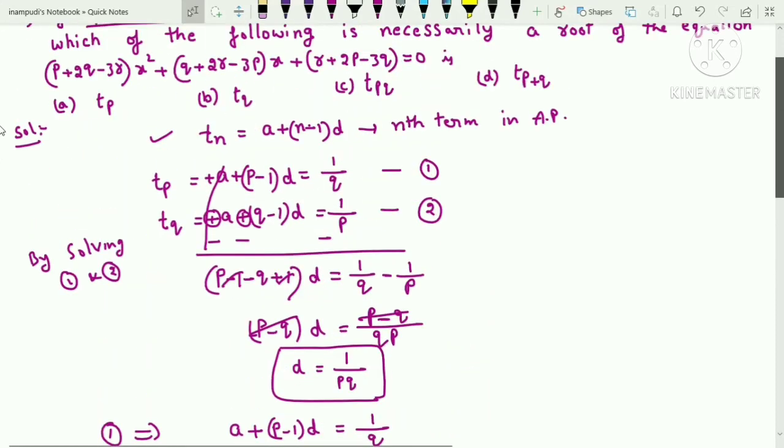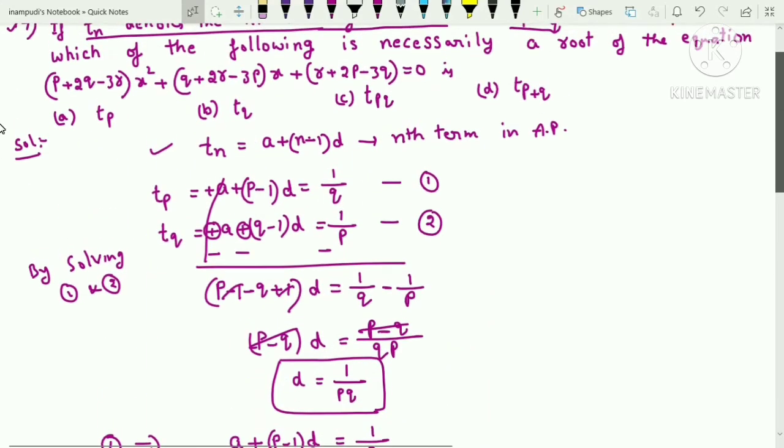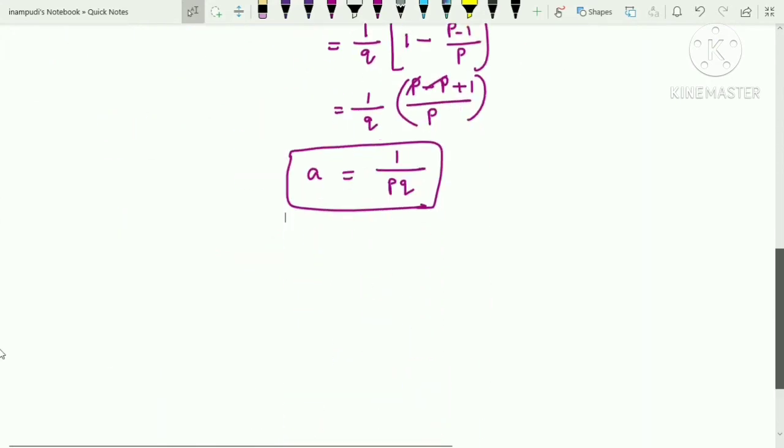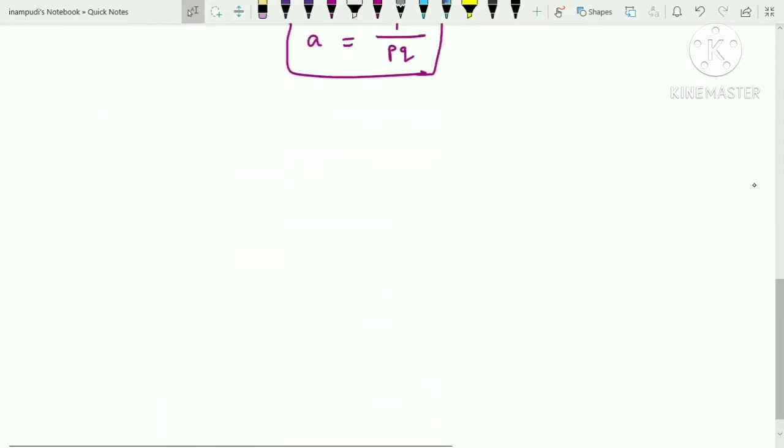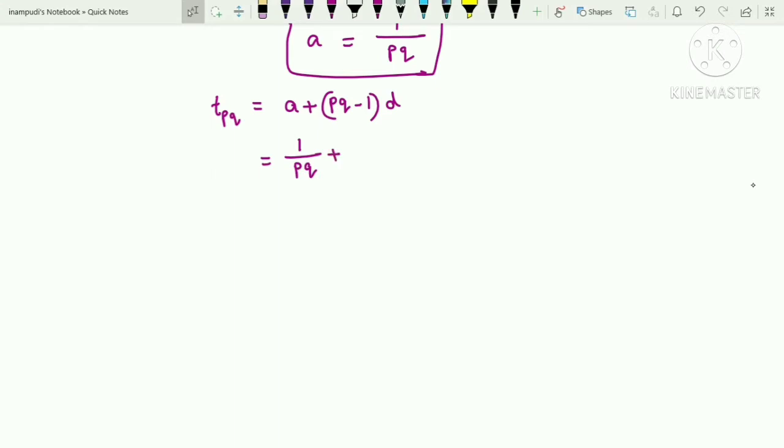In the options we take C, TPQ. We observe option C. What is TPQ? The pqth term: a plus (pq minus 1) into d. What is a? 1 by pq, plus (pq minus 1) into 1 by pq.